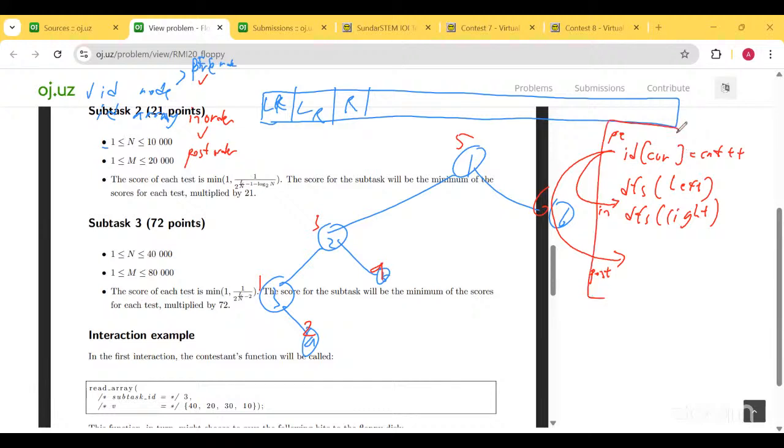But if you use this, we don't need sub-tree size. Yes, sub-tree size is different. I think maybe for post-order, it is equal to sub-tree size, right? But for this problem, we need in-order, not the post-order, right?